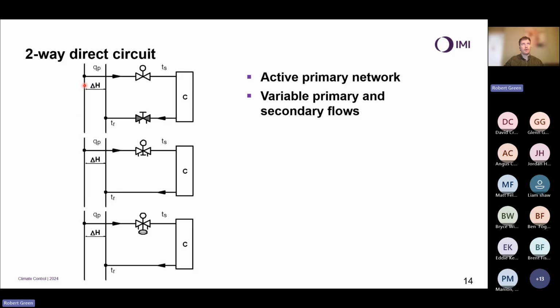Because my flow on the primary side is going to vary depending on my demand on each of these circuits, it's exactly the same idea. The flow is going to vary on the primary side. And because it's got nowhere to go, it's also varying on the secondary side. In terms of my temperatures, my secondary temperature into my device is equal to my primary temperature. There's no mixing point in this circuit. It's very simple.